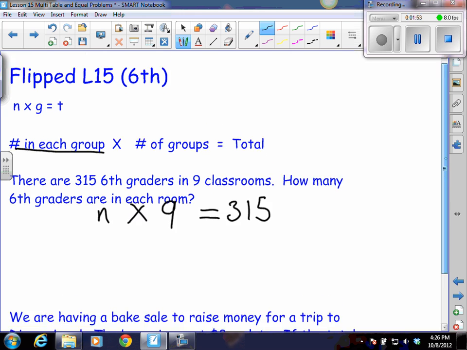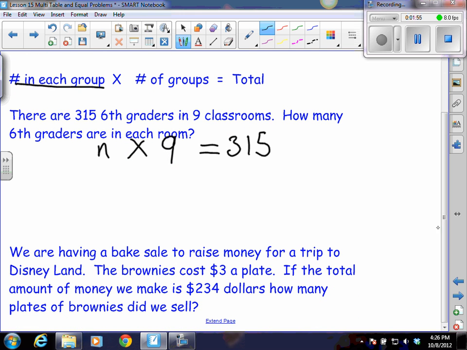From there, we can move on to step 2, in which case we're going to have to rearrange our equation. And our problem is actually going to become 315 divided by 9 is going to give us our n here. And so we want to solve for that right now.